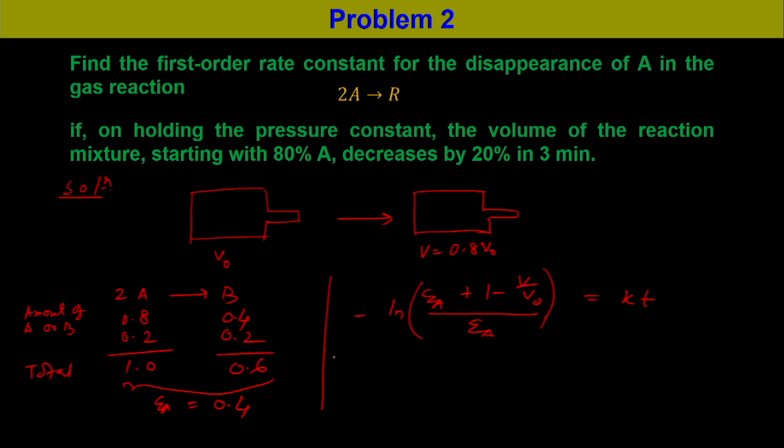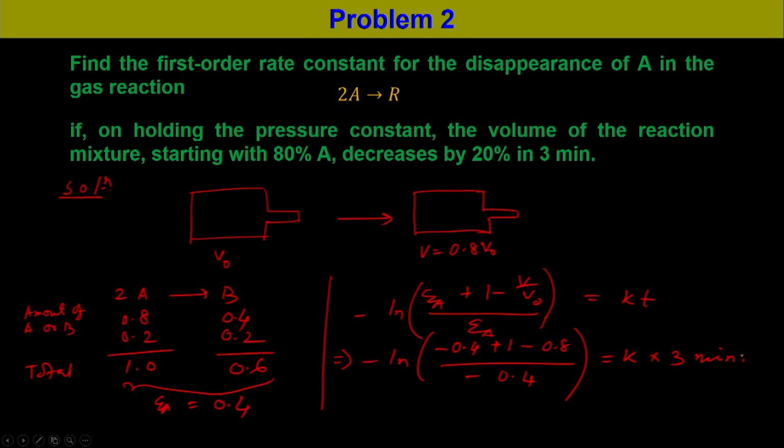So, if we substitute the values, this would be minus ln((minus 0.4 plus 1 minus 0.8) divided by minus 0.4).